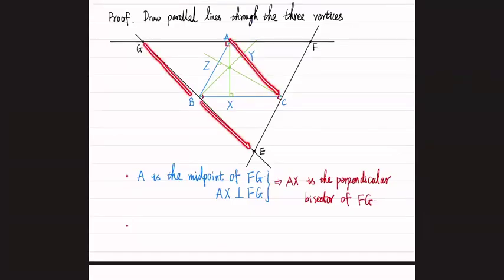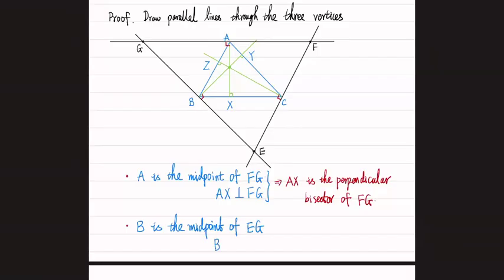Therefore, BE equals BG. So B is the midpoint of EG. We also know that BY is perpendicular to EG.